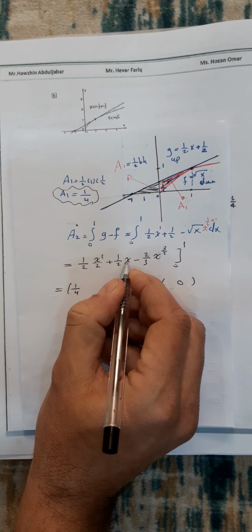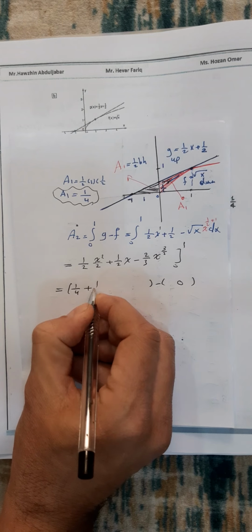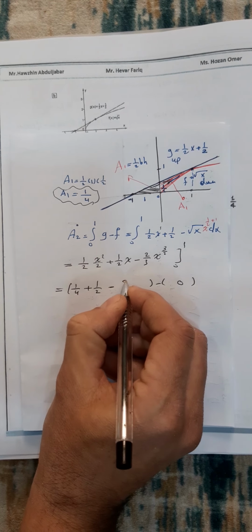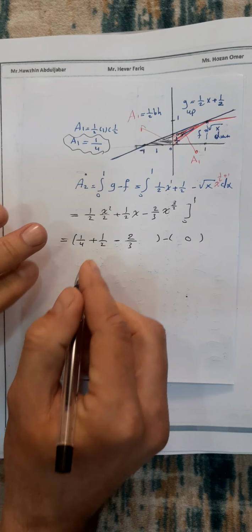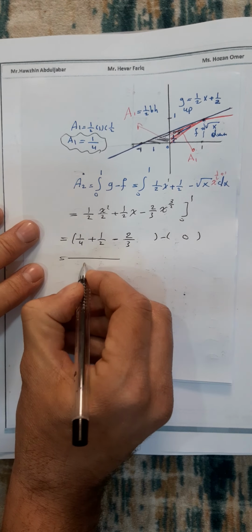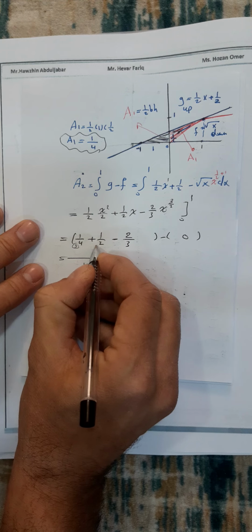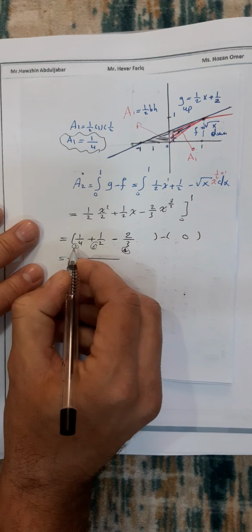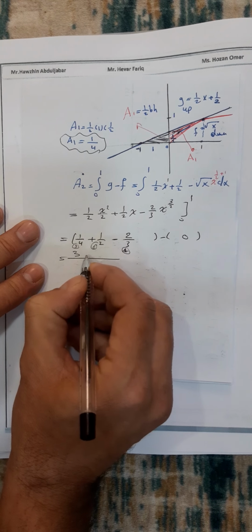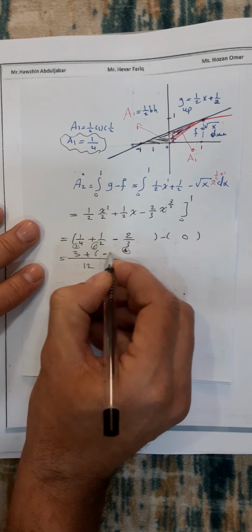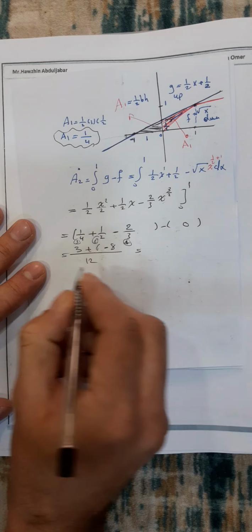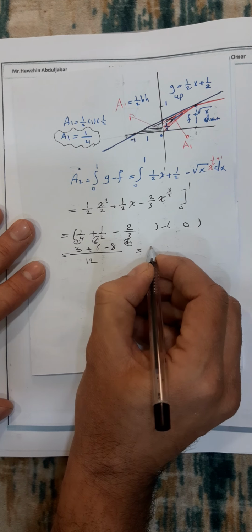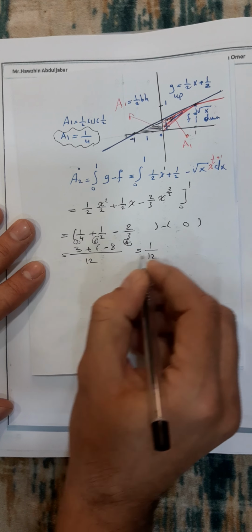Then 1 divided by 2 times 1 is 1 over 2, and 2 over 3 times 1 is 2 over 3. With the common denominator 12: 12 divided by 4 is 3, divided by 2 is 6, divided by 3 is 4. 3 times 1 is 3, 6 times 1 is 6, 4 times 2 is 8. So it is equal to 3 plus 6 is 9, minus 8 is 1 over 12. That is A2.